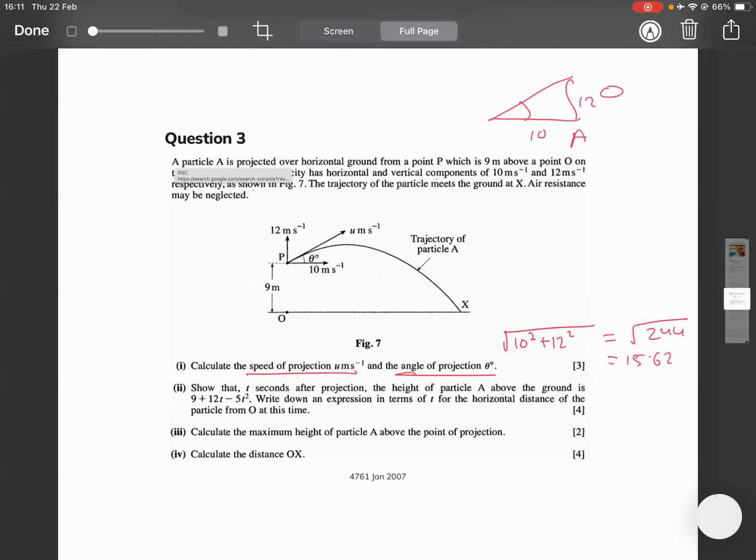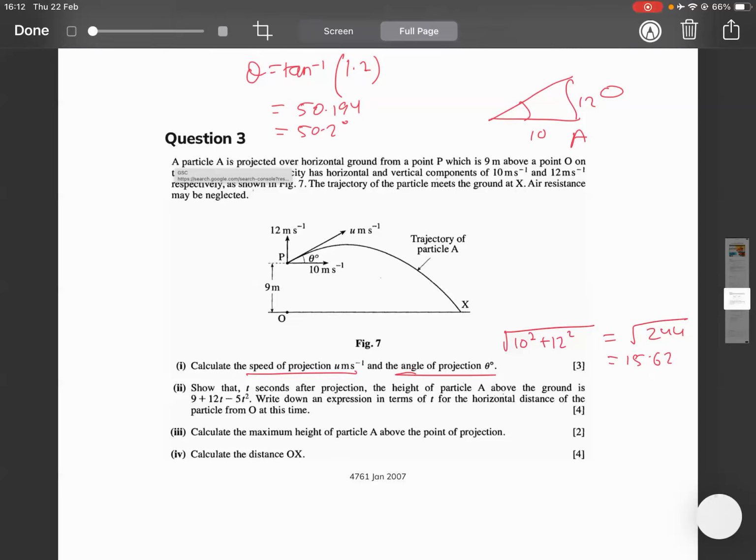Opposite, adjacent. So theta equals tan minus 1 of 12 over 10. Inverse tan 1.2 is 50.19. So 50.2 is fine. Luckily we won't need it. If you can't get that right, you can just carry on because they've given us the 10 and the 12. But normally, depends on the question, sometimes you have to work that out.